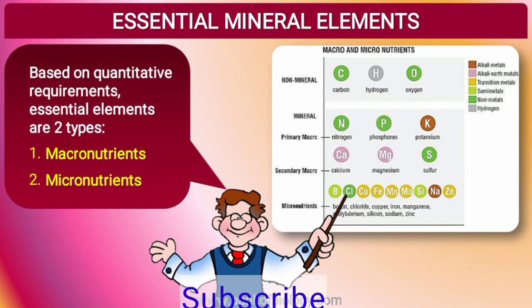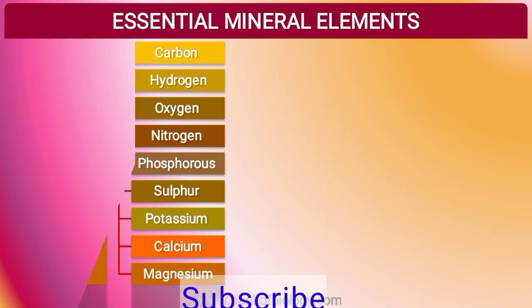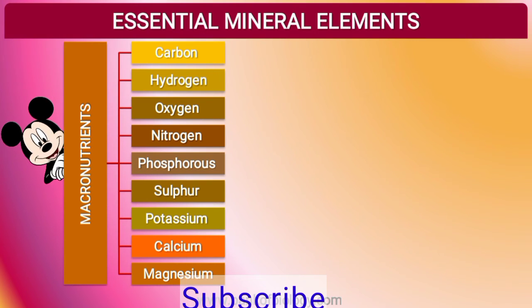They are highly required. Secondary macro, which are required but not as much as the primary, like calcium, magnesium, sulphur. Micro includes boron, chlorine, copper, iron, manganese, molybdenum, silicon, sodium, zinc. These are essential mineral elements. Macro means required in high concentration, whereas micro means required in small concentration.